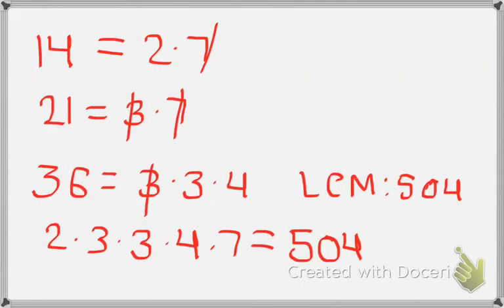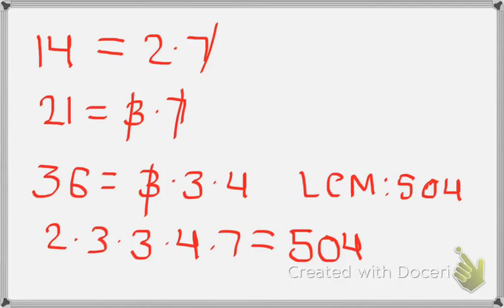Another way to do the LCM is this. 14 equals 7 times 2, and 7 and 2 are prime factors, so prime numbers.